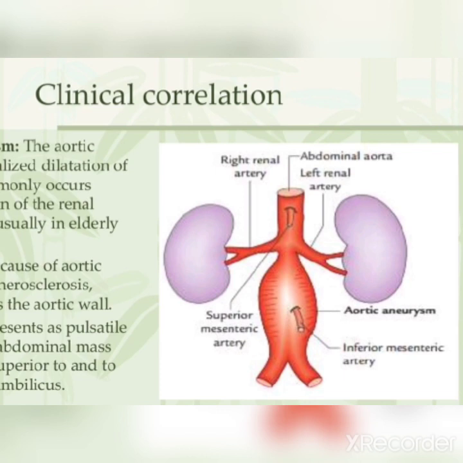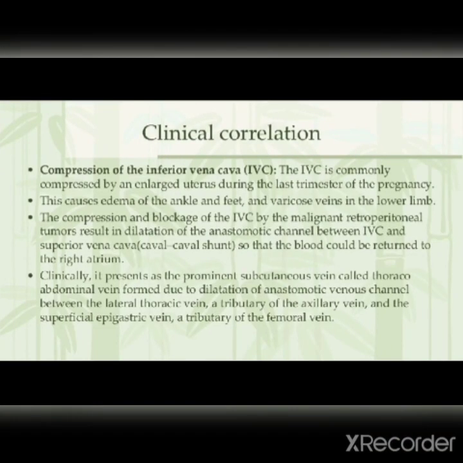So next is the compression of the inferior vena cava. The inferior vena cava is commonly compressed by an enlarged uterus during the last trimester of pregnancy. This causes edema of the ankle and feet and varicose veins in the lower limb.